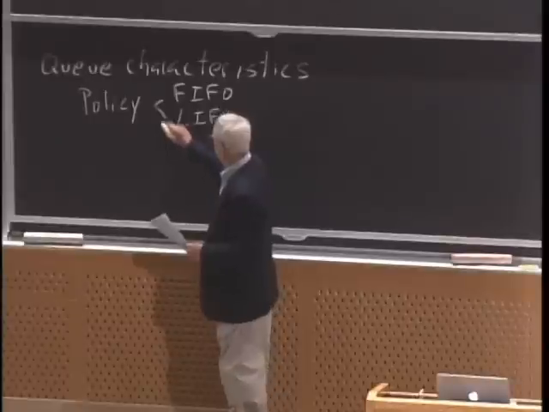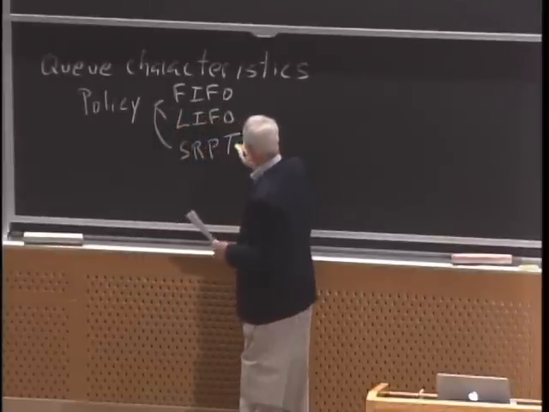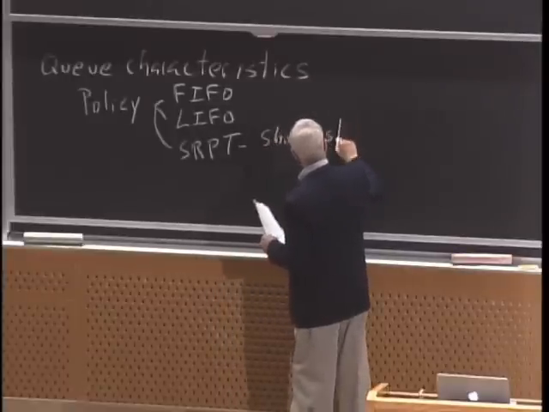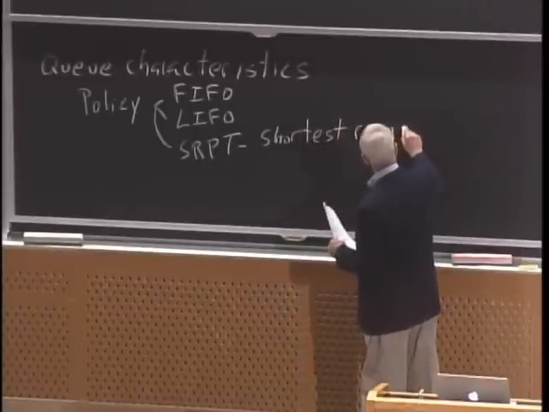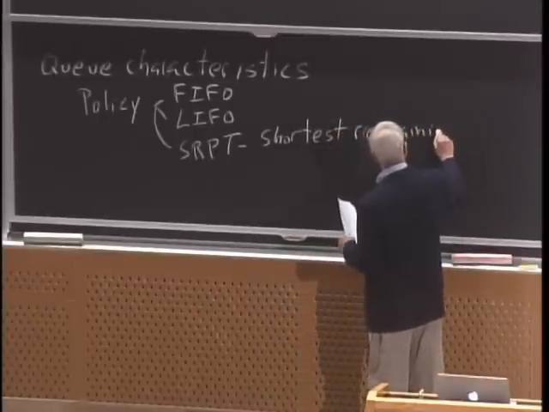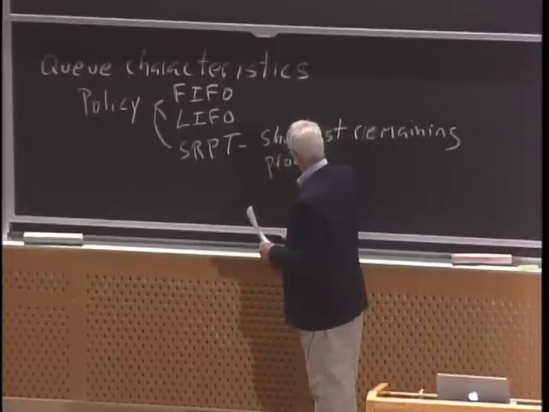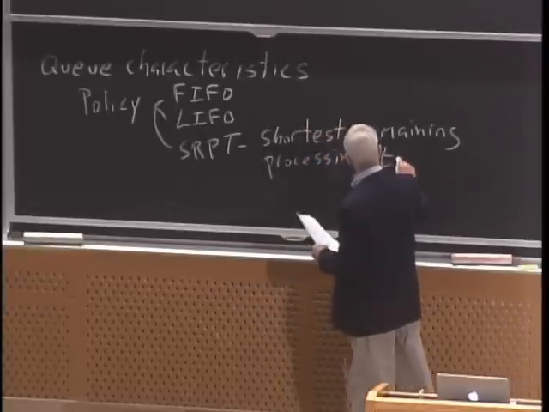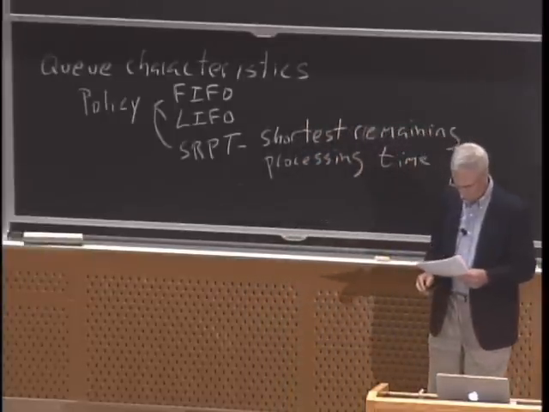Whoever arrived most recently gets served first. A very popular one in many computing applications is what's called SRPT, which is short for shortest remaining processing time. Take whichever job you can complete fastest.